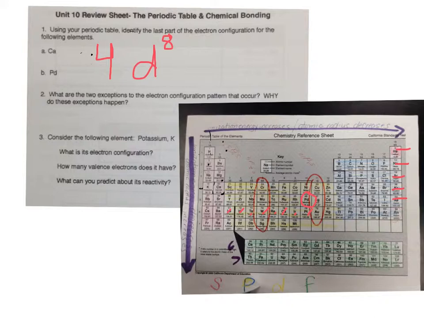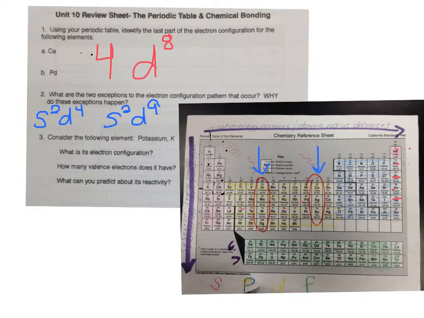Now, what 2 exceptions occur in the periodic table? If you look at the periodic table, I have 2 rows circled. This row right here, which has chromium, molybdenum, tungsten, and seaborgium, and this row right here, which is copper, silver, and gold. Those should end in the following electron configurations: s2d4 and s2d9.